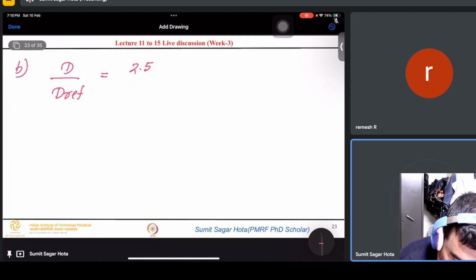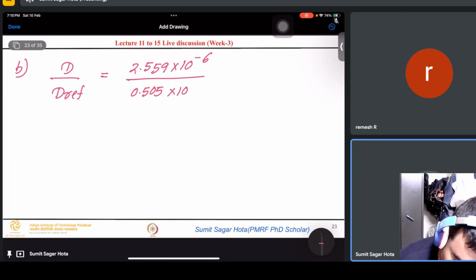So what is D by D_ref? D_ref will be 0.559 into 10 to the power minus 6 divided by 0.505 into 10 to the power minus 5, equal to 0.507. This is your D by D_ref.